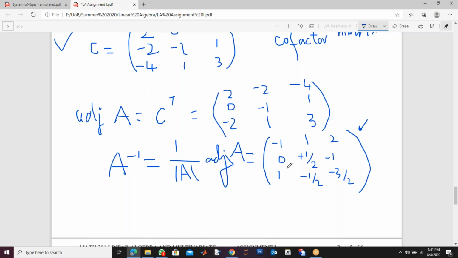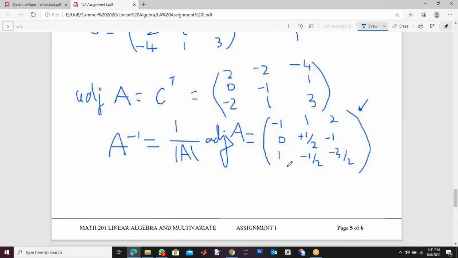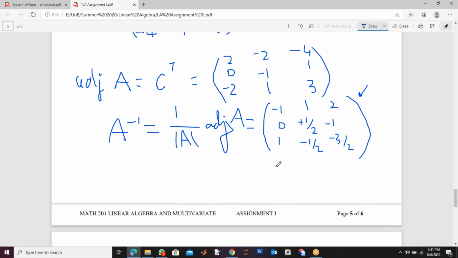What is the check here? If I want to check whether my A inverse is correct or not, what can I do?